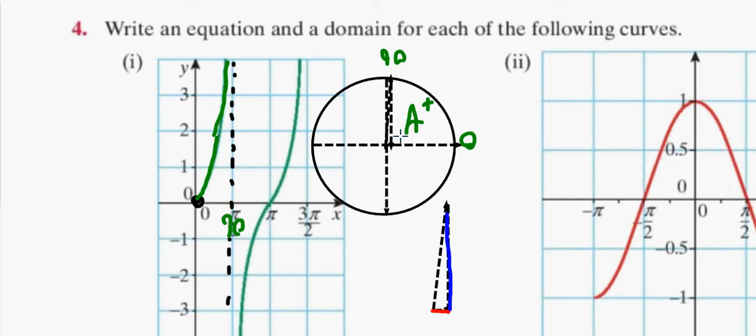Does that make sense? Alright, now what happens when you go to 90 and it's undefined, which means there is no point for 90, so on this straight line here, you'll see no green part. The green line doesn't pass there. But what happens the minute it leaves 90 and goes to 91?